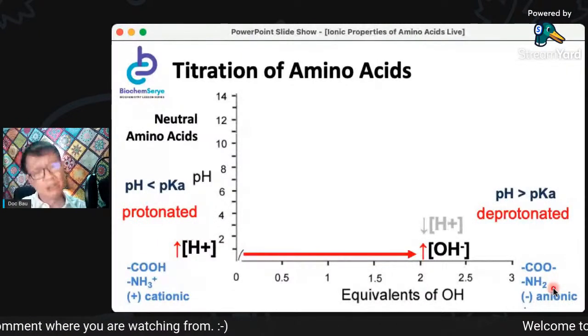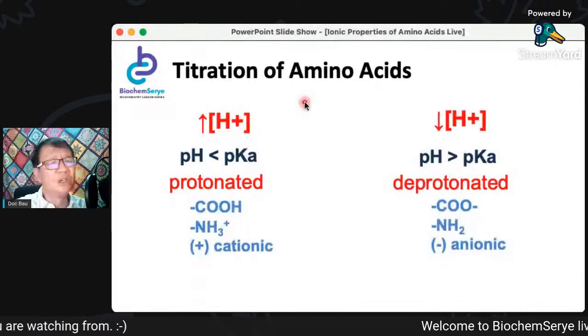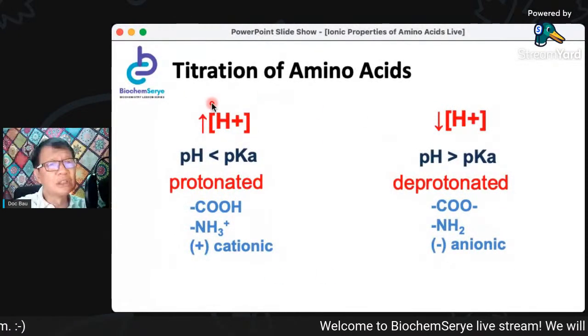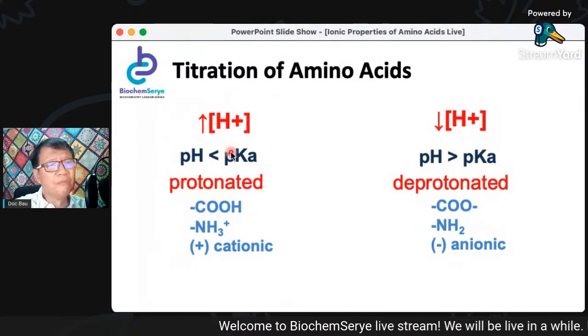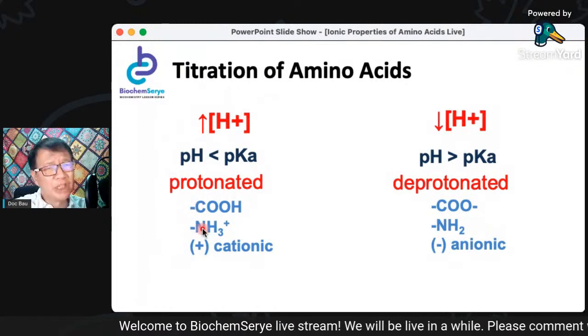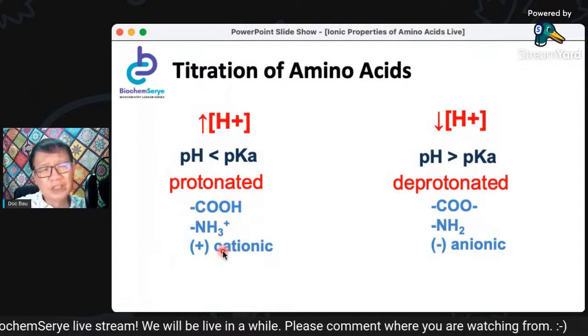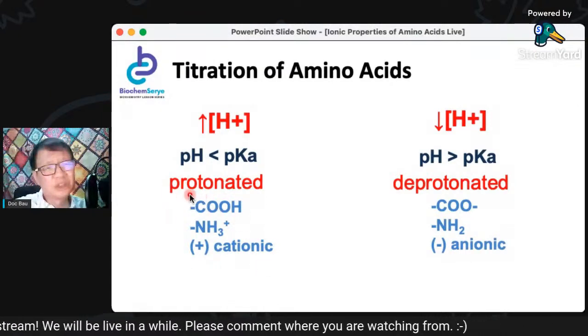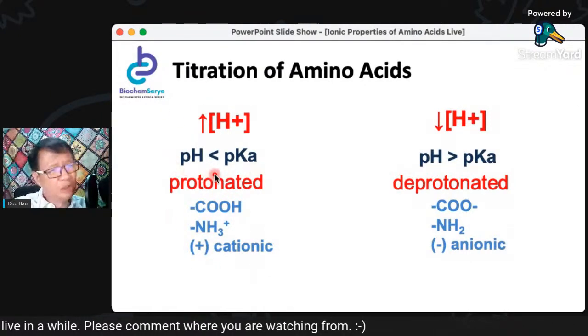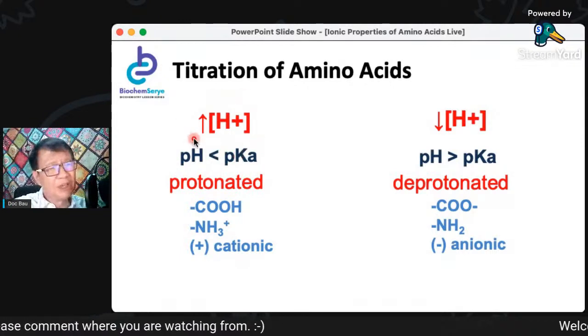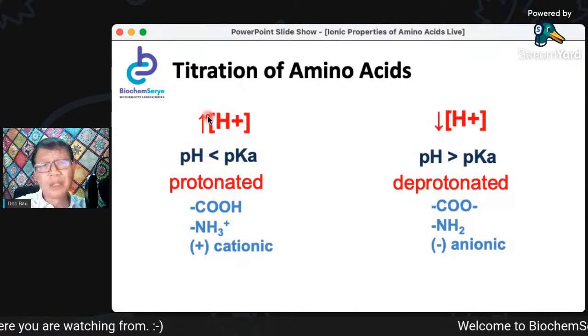So I hope I cleared things up. You can take a screenshot, this is really very helpful, so that when we titrate later on, especially the trifunctional amino acids, you will remember. If the pH is very low, below your pKa, you have an abundance, a preponderance of hydrogen ion concentration.